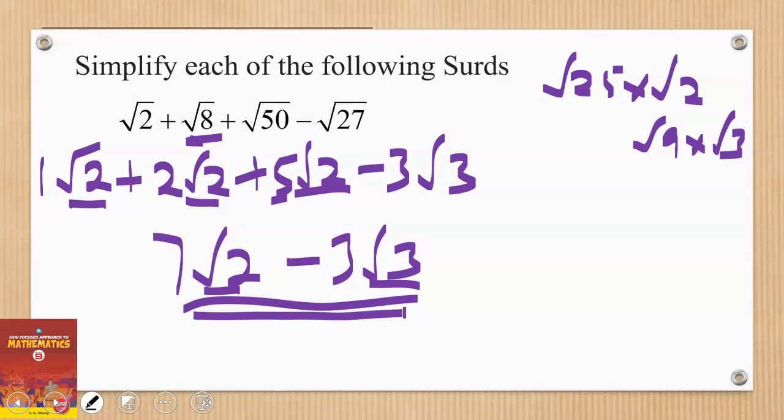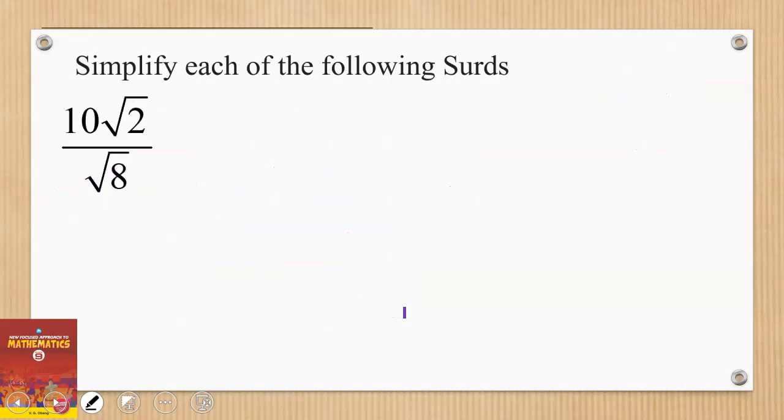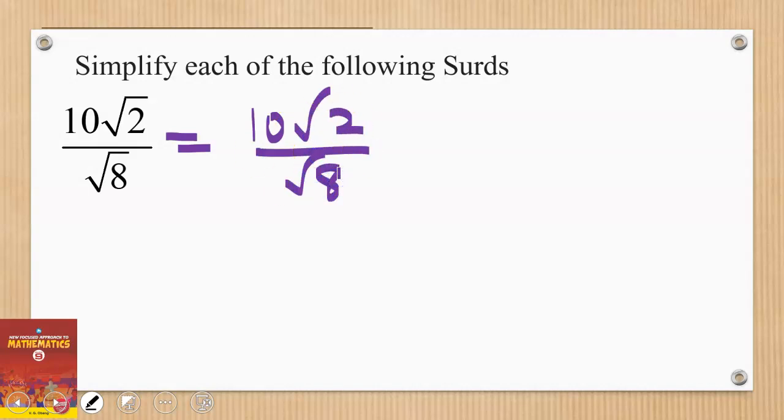Good. Now let's take another example. This time we want to apply rationalization. So this is the same as 10 root 2 divided by root 8. Now since I'm not adding, I can keep the root 8 without reducing it to the lowest form, so I can just keep it like that. Or I can also reduce it to the lowest form if I want.